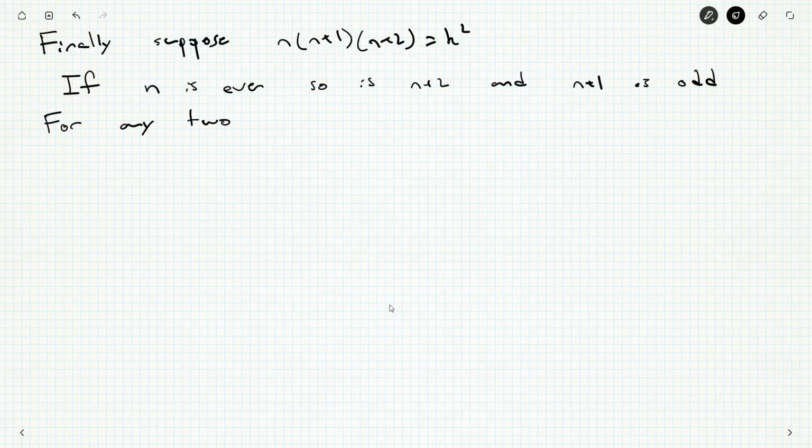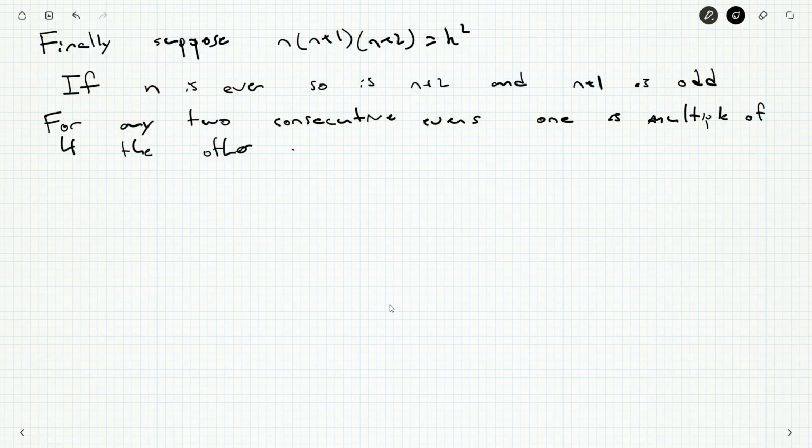So for any two consecutive evens, one is a multiple of 4, the other is not. And so you'd think, okay, one of them is going to be 4 times something, the other one's going to be 2 times something, but who says it's 4 times an odd? It could be 8 times something, and then you get 8 and the 2 combined to make it 16. Ugh. Okay, maybe even isn't the right approach.